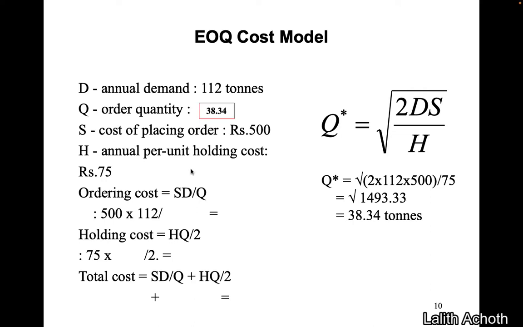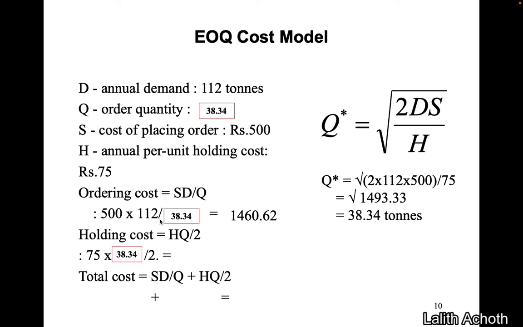So we get it over there. And once we know the economic order quantity, then we can calculate the ordering cost, which I told you earlier was SD divided by Q. S is 500, D is 112, and I will just substitute the Q over there, and I get the ordering cost as 1460.62.